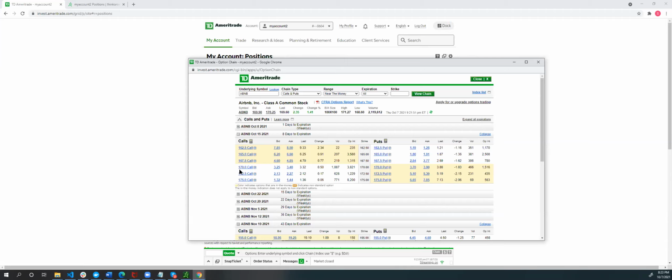So here, for example, 170 call. If I want to buy a call, in this case I'm going to do it as a buyer of the straddle. So I would be buying a call as well as a put for the same strike price, right? If I want to buy, you can see there is an ask price of 3.40 and an ask price of 3.90, right?